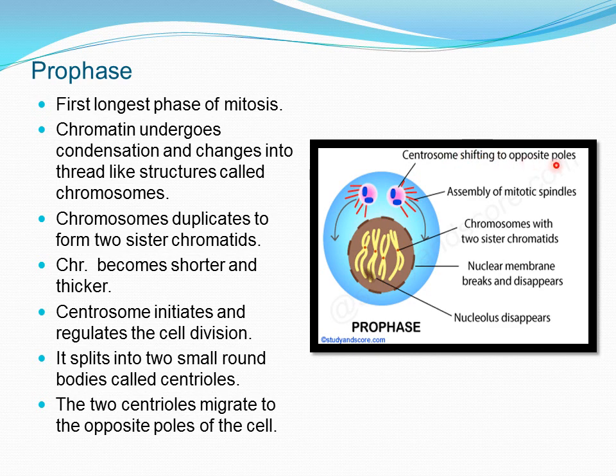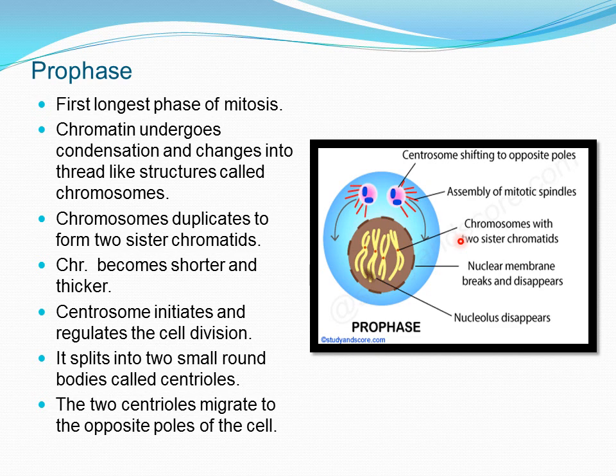The centrosome here is shifting to the opposite poles, and we will see that in the next stage. These centrioles will be migrating to the opposite poles of the cell.